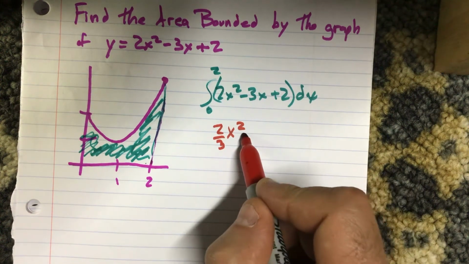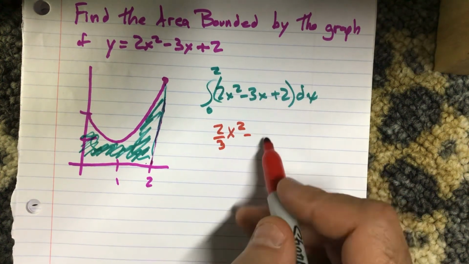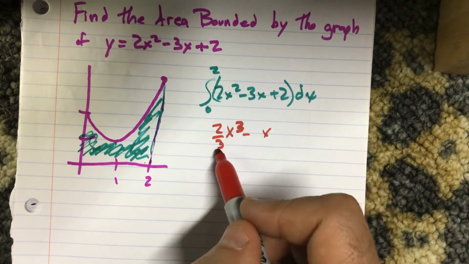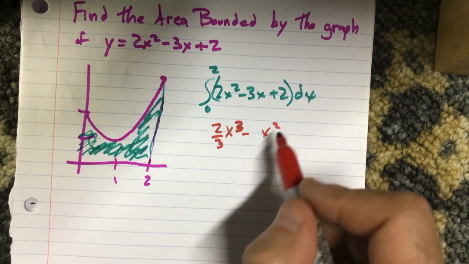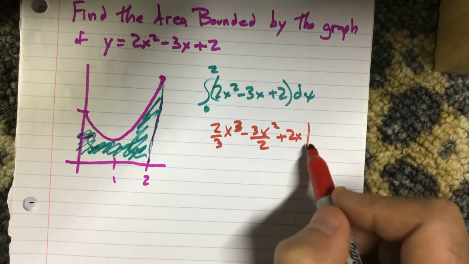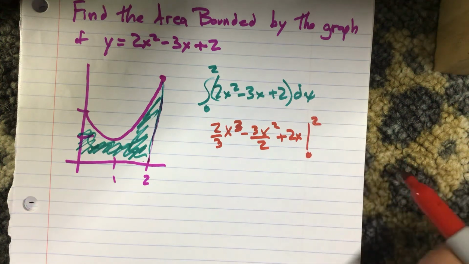And then I add 1 to this exponent, so x squared divided by 2, plus 2x, from 0 to 2.